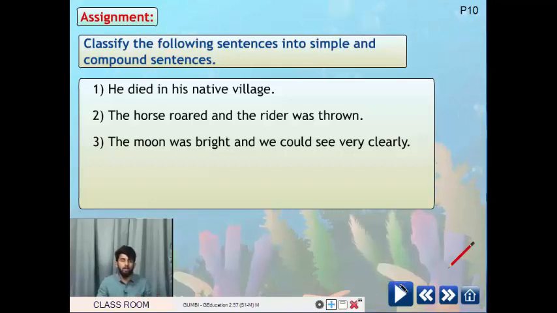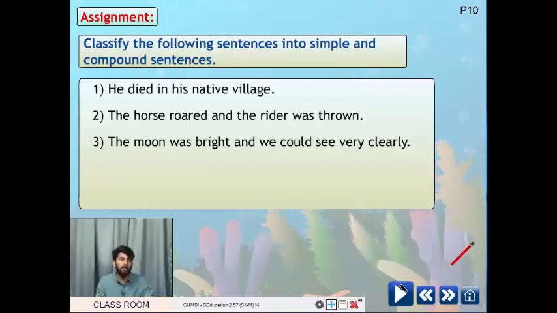So take down the sentences quickly, children. So first sentence. He died in his native village. The horse rode and the rider was thrown. The moon was bright and we could see very clearly.